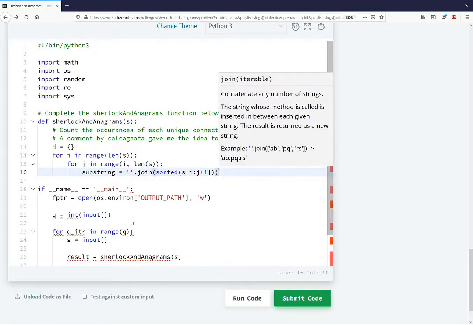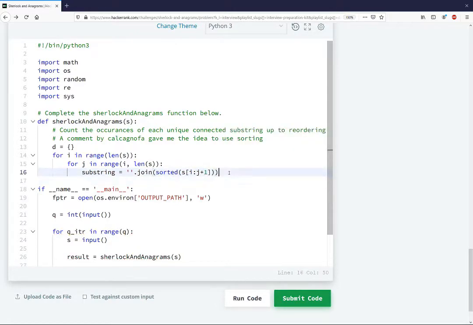Basically what's happening here is Python has this function called sorted where you can input something, for example here a string, and it will give you an array of all of the letters in the string sorted. However, that's not exactly what we want because we don't want an array, we want to get a string which contains all the same letters but which is itself sorted.